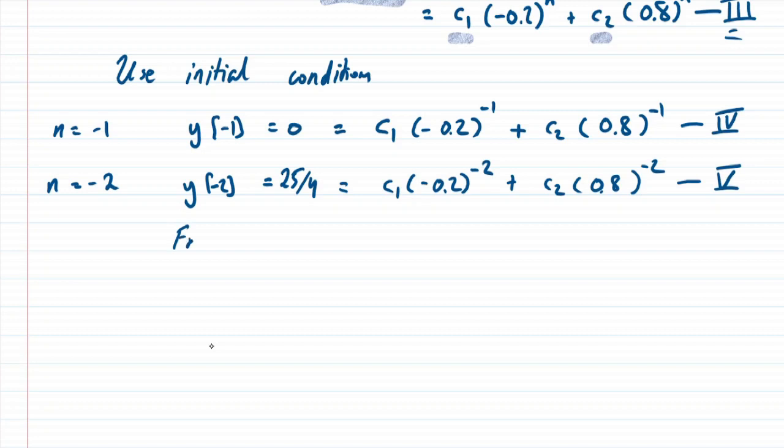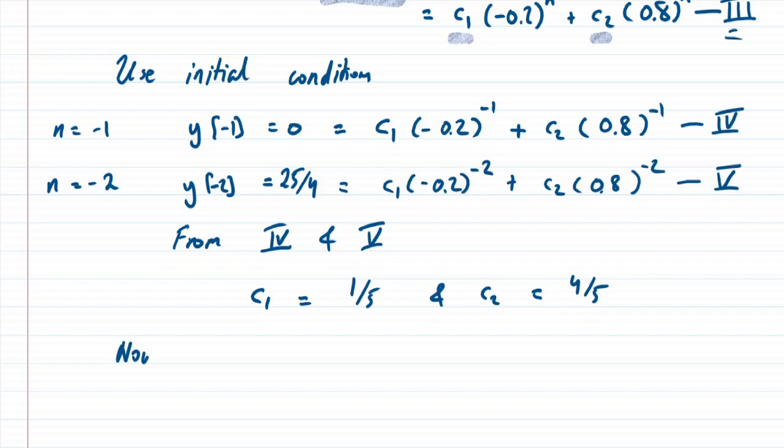From 4 and 5, it is easy to calculate c1 and c2. So c1 is simply 1 by 5 and c2 is 4 by 5.